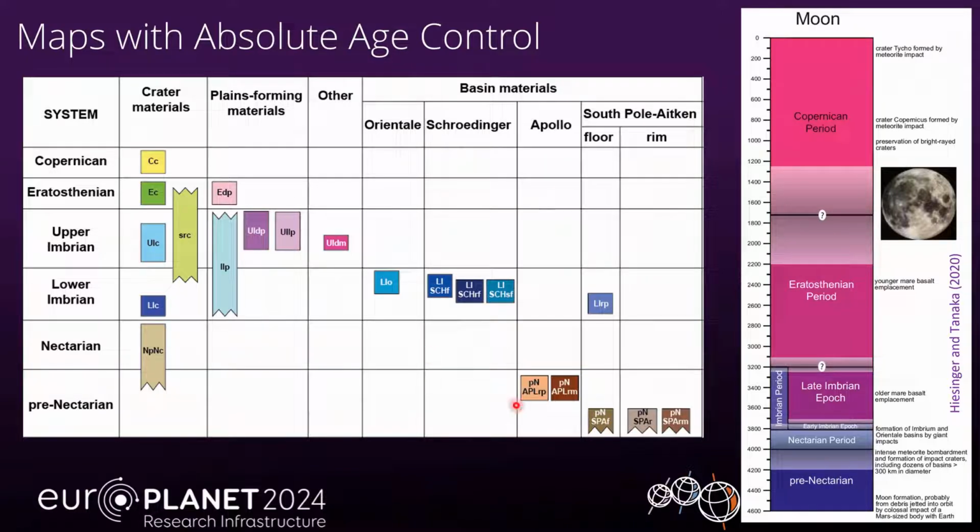You can go in and find yourself, for example, in our paper with Misha Ivanov, he measured craters in Apollo Basin, which is a large basin inside of SPA, and was able then to fix the age of the Apollo Basin as being slightly pre-Nectarian.